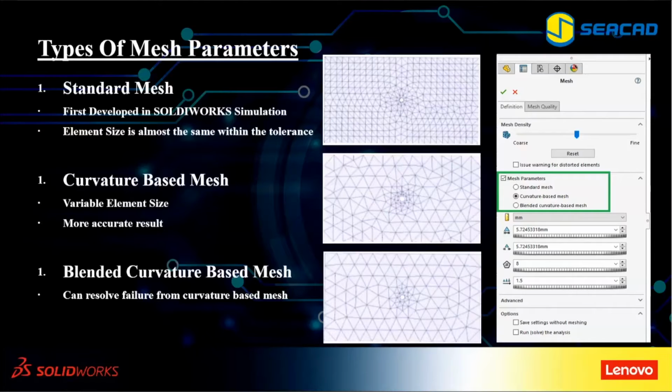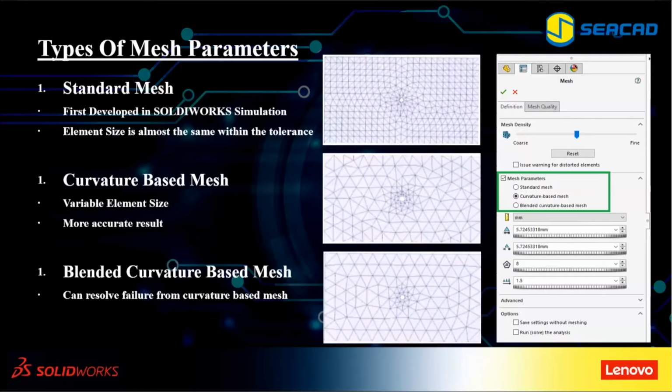Okay, then how about the blended curvature-based mesh? Because sometimes if you use the curvature-based mesh and your geometry is very complex, it will fail to create the mesh because of the large aspect ratio, because of the large torsion of the geometry.